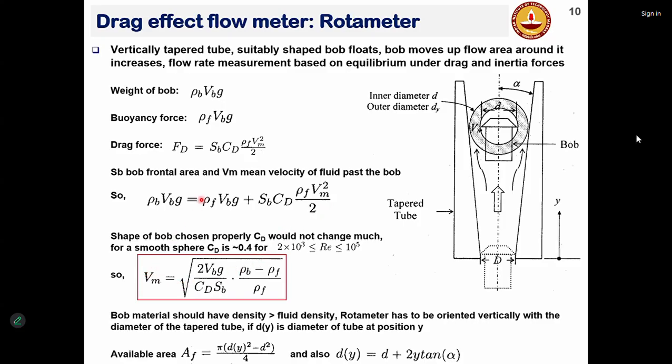And so if you solve this, you can find the velocity of the flow is square root of 2 into VB into G divided by CD into SB into (rho B minus rho F) divided by rho F, all under the square root. So the shape of the bob should be chosen properly so that the discharge coefficient is not a very strong function of Reynolds number.